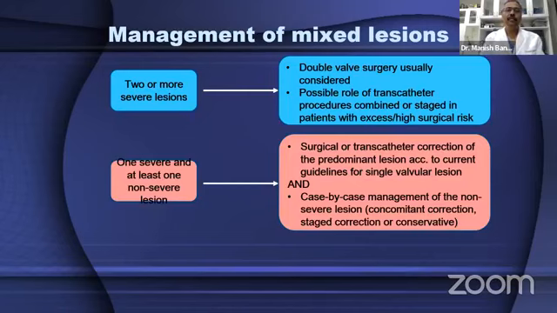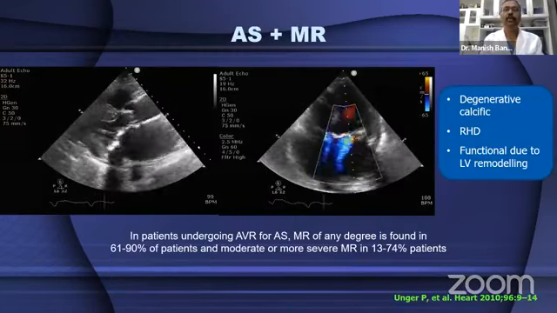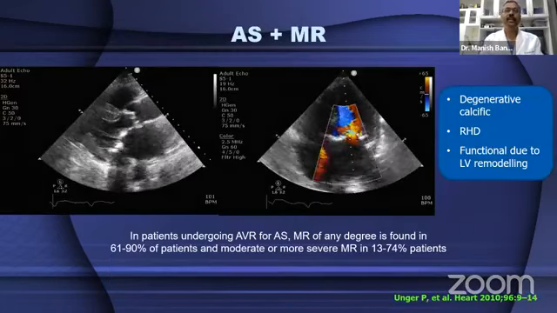We should decide about the intervention assuming that we only have one severe lesion, and we go by the guidelines, and the decision about the second valve lesion is to be taken case by case. On the other hand, if both the lesions are non-severe, then it has to be individualized for each given scenario. So with this background, we will look at some of the combinations that we see.